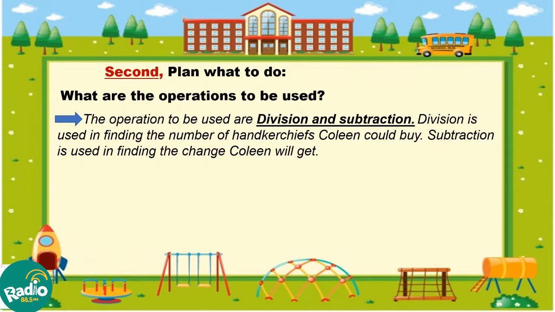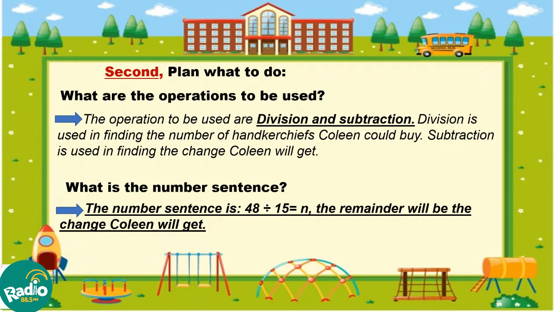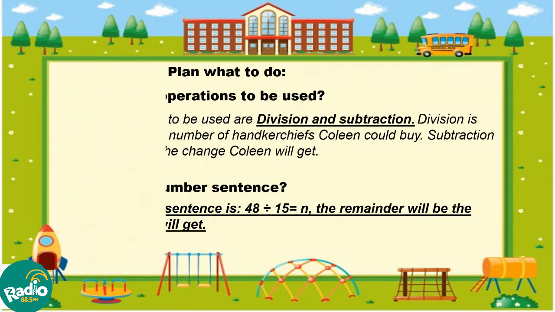Subtraction is used in finding the change Colleen will get. And what is the number sentence? Alright, the number sentence is 48 divided by 15 is equal to n. The remainder will be the change Colleen will get.